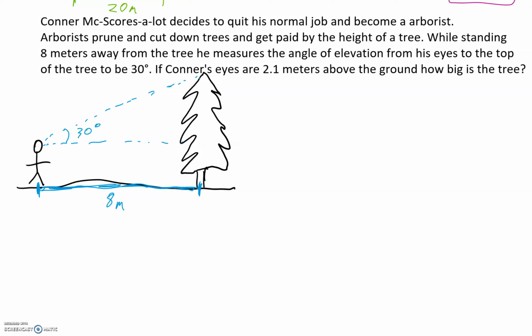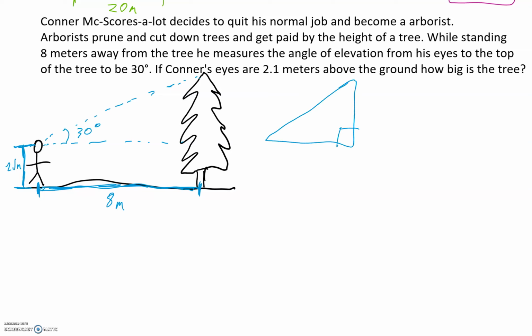If Connor's eyes are 2.1 meters above the ground, how big is the tree? So now we're given this last piece of information that he is 2.1 meters tall, basically. And so we need to find the height of the tree. Okay, so pretty easy to start.